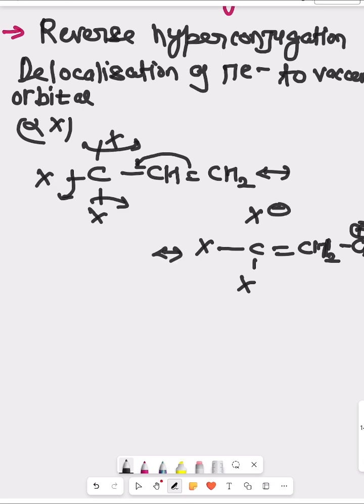If you delocalize this electron, then it will be like this. How could I make this mistake?